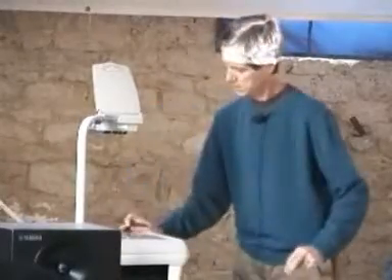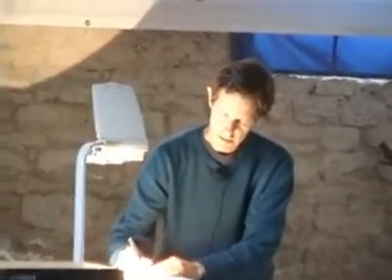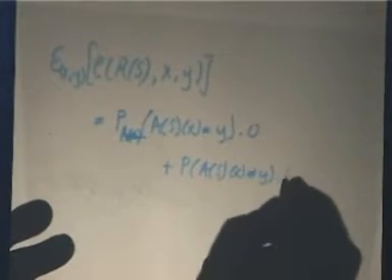If we take that expectation over (x, y) of the loss of the function A_S, leaving out the F, at (x, y), essentially we can write that as the probability that A_S(x) is equal to y times 0, because the loss is 0 in that case, plus the probability that A_S(x) is not equal to y times 1, because the loss in that case is 1.